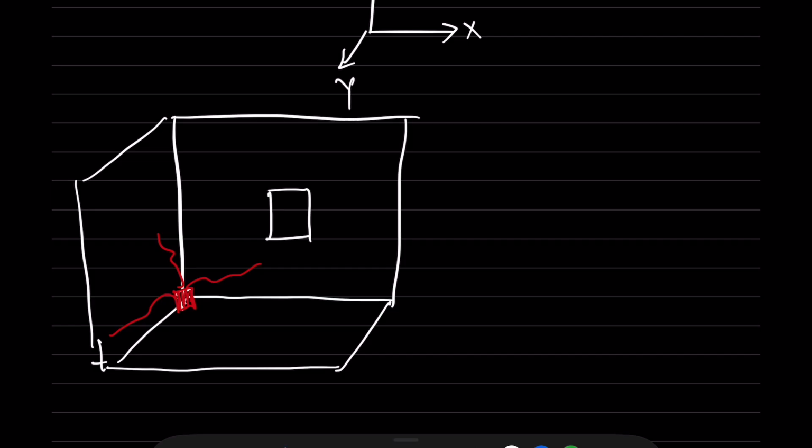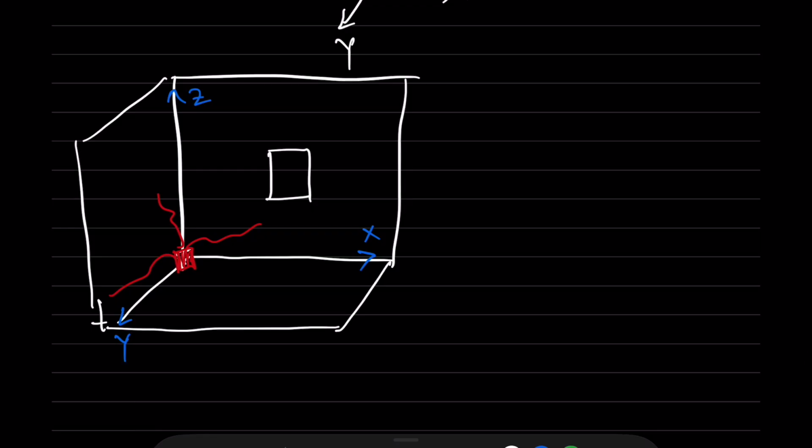If you identify x, y, and z directions, that's how you cover all three directions in this room. If you want to understand the trend of heat transfer at any point, then you need to use this heat equation. This is a very important equation, not only in thermal science, but also in many different fields where the properties or particles follow the heat equation.